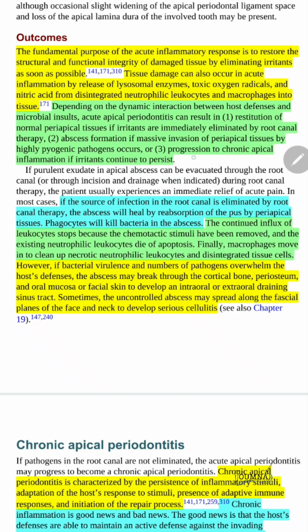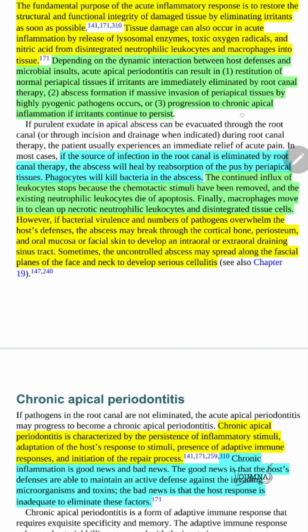The third direction is the progression to the chronic apical inflammations if the irritants continue to persist and the patient, for example, neglected the therapy in the start and was only taking anti-inflammatory medications, so the case becomes chronic.